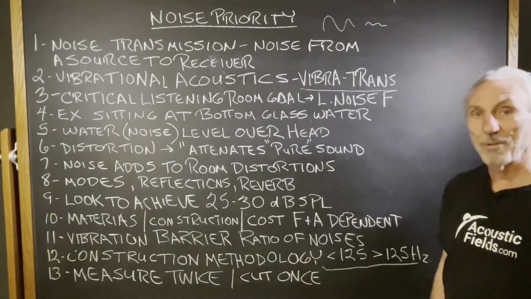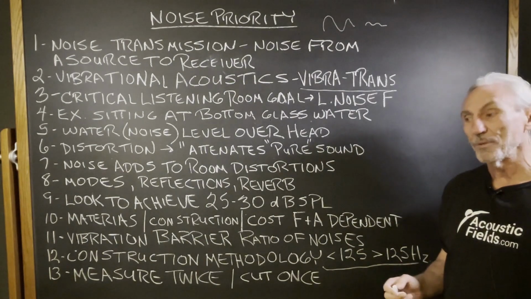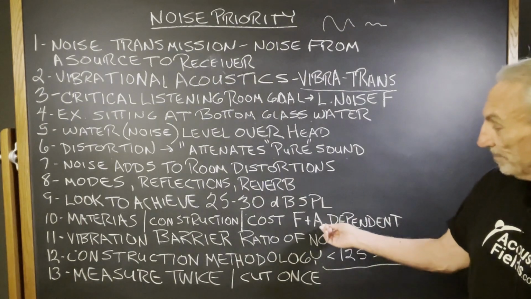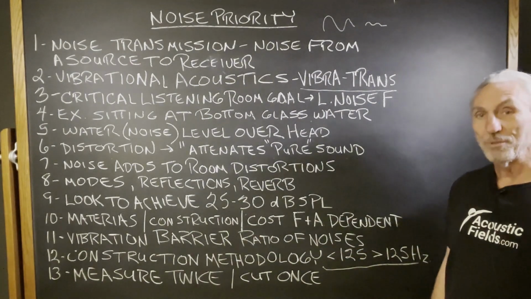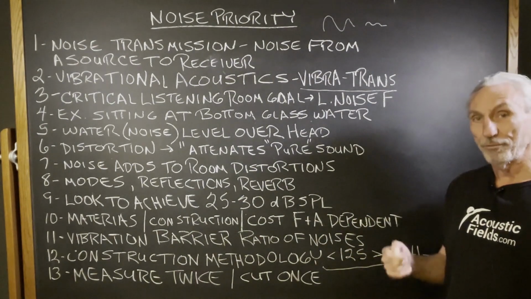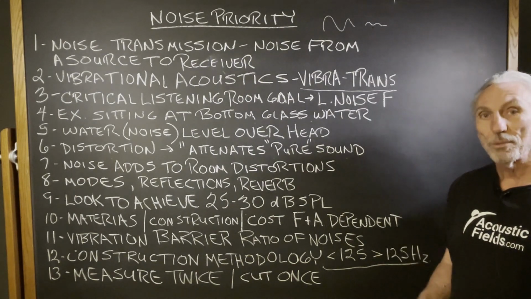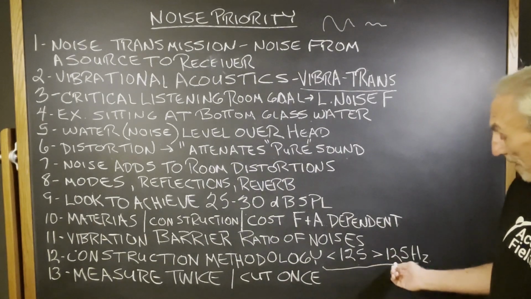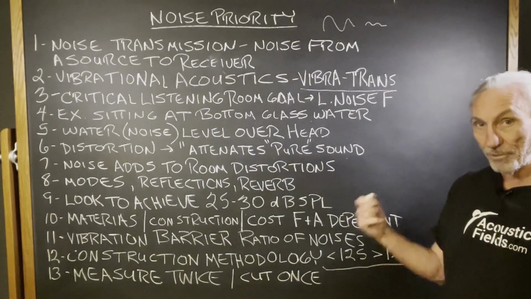Measure twice, cut once. Nothing could be truer with noise, because since all our materials are frequency and amplitude dependent, we must know the frequency and amplitude of the noise we're fighting. We must know if it's below 125. Is it above 125, the voice range?